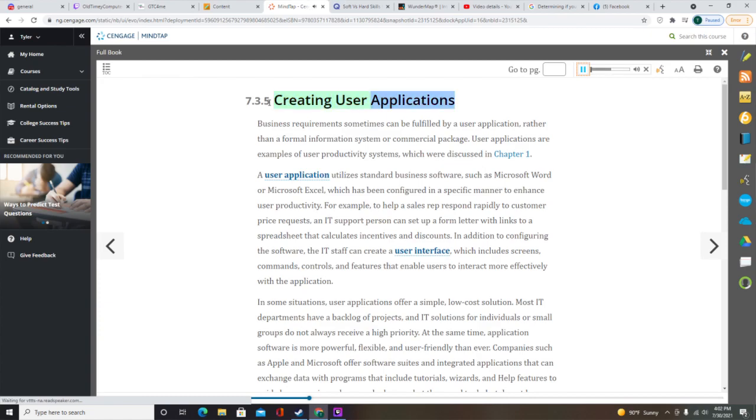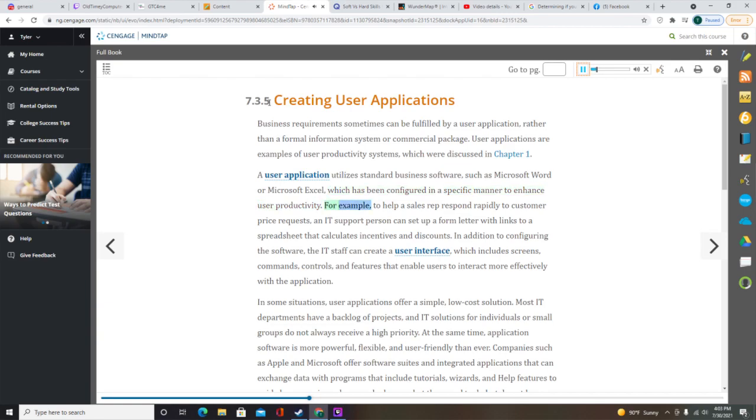Creating user applications. Business requirements sometimes can be fulfilled by a user application, rather than a formal information system or commercial package. User applications are examples of user productivity systems, which were discussed in Chapter 1. A user application utilizes standard business software, such as Microsoft Word or Microsoft Excel, which has been configured in a specific manner to enhance user productivity.